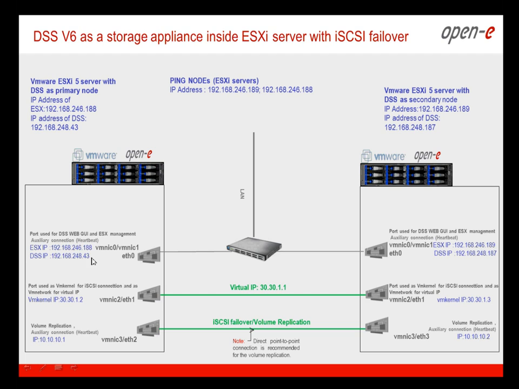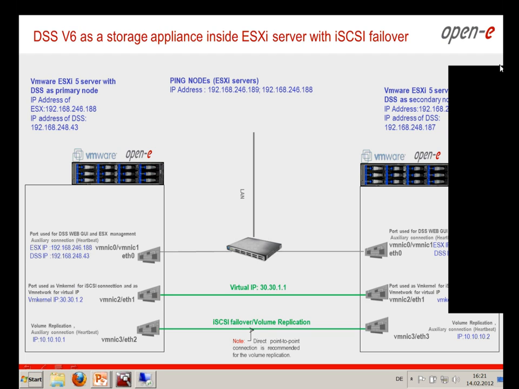So the description is here, of how we prepared this, and how our iSCSI and our IP addresses are set up. You will see here the description of the IP addresses of the virtual NIC and the IP addresses of the ports in the DSS. And also here we have, of course, the virtual IP, and then we have the replication. That's the chart of how the system is configured.